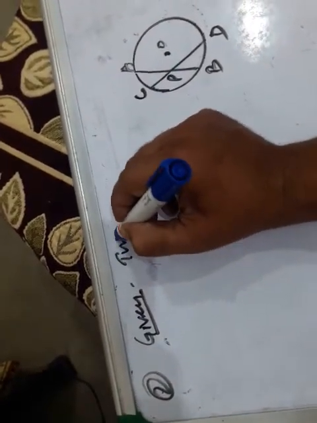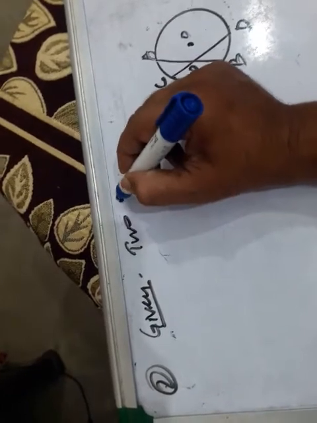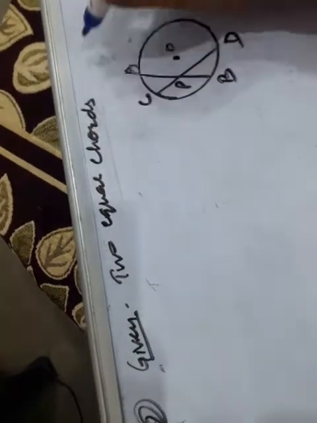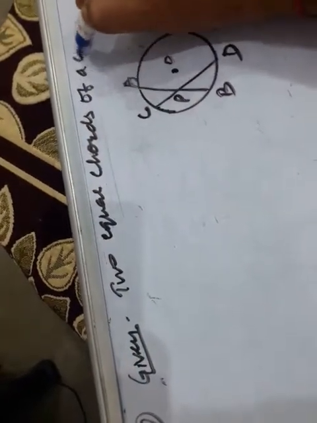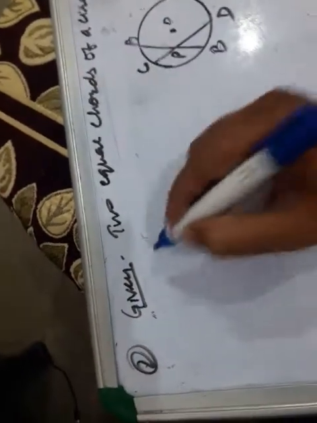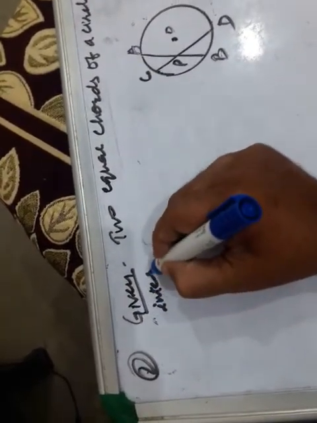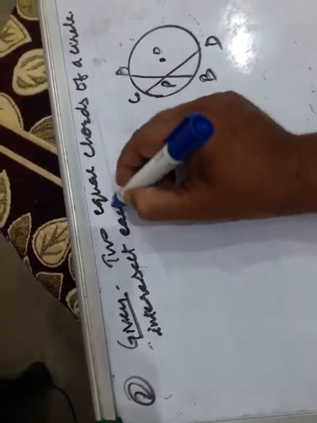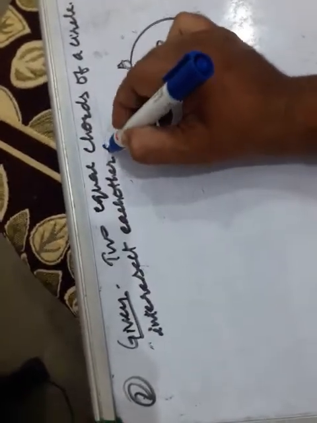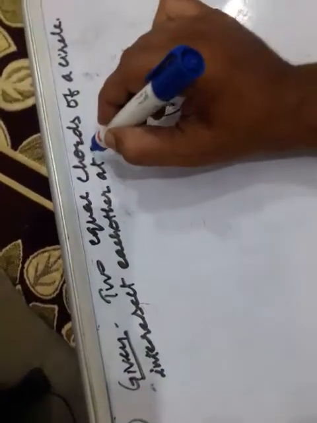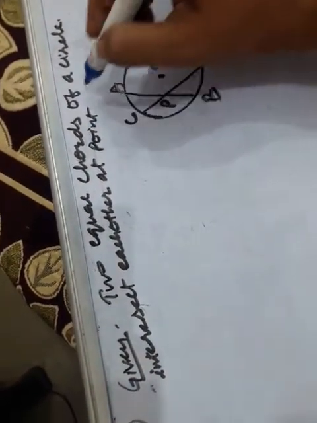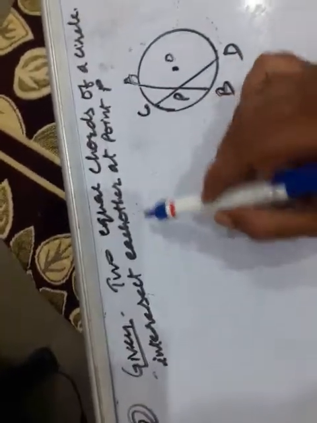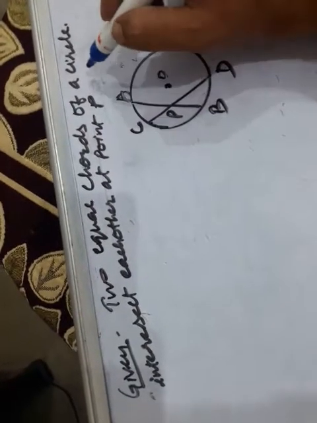Two equal chords, equal chords of a circle, intersect each other at point P.